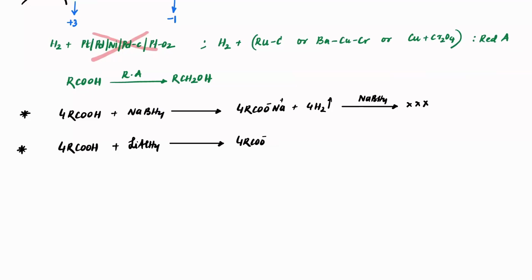So I'll just write this as 4 RCOO minus, Li plus, Al plus 3, and we will have 4 moles of H2. And now further reaction with lithium aluminum hydride is actually fetching 4 moles of alcohols, RCH2OH and Al(OH)3, like this, and so on.